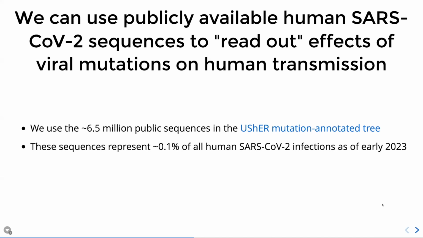In the work I'm going to talk about, we're using the 6.5 million publicly available sequences in the UShER mutation annotated tree. These sequences represent about 0.1% of all human SARS-CoV-2 infections as of early 2023. So most of the virus's evolution still has not been observed, but enough of it has now been observed that we can start to draw useful conclusions.